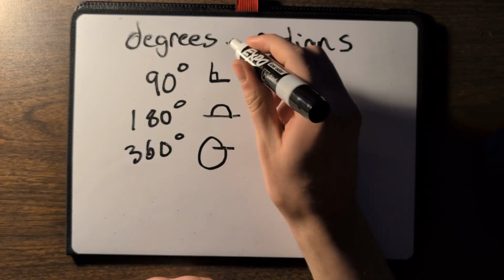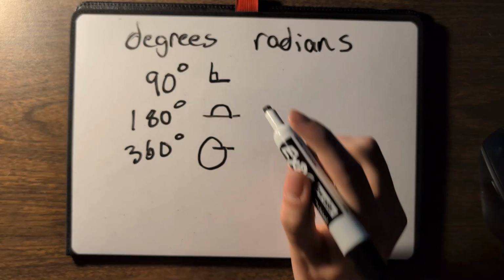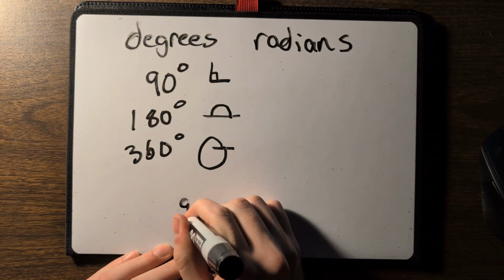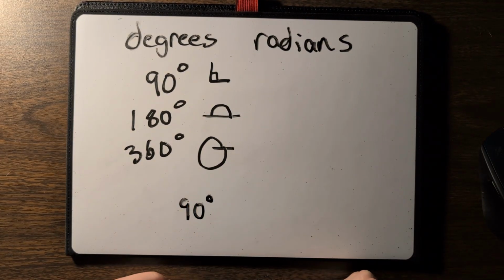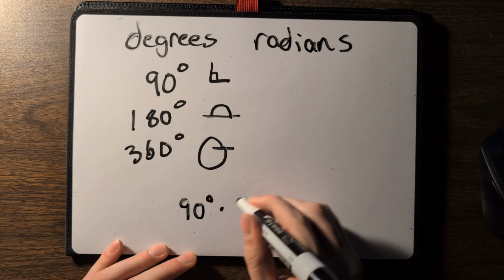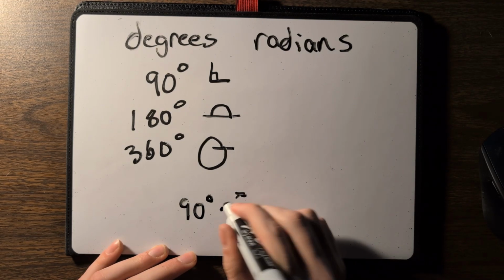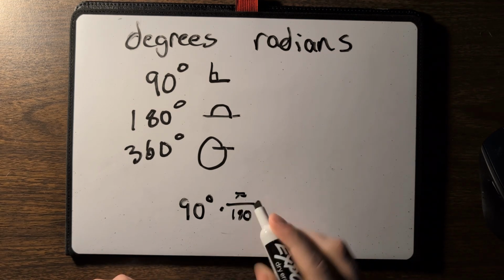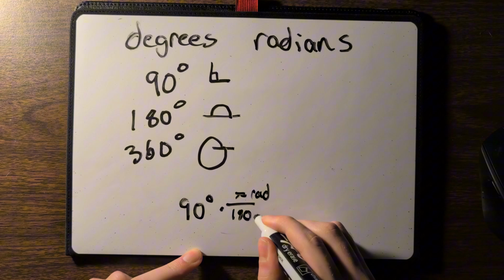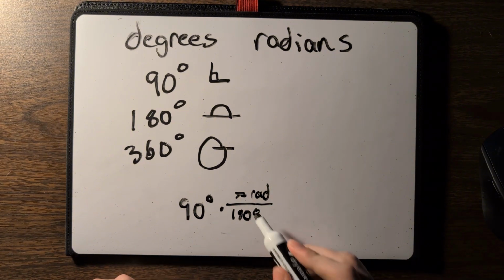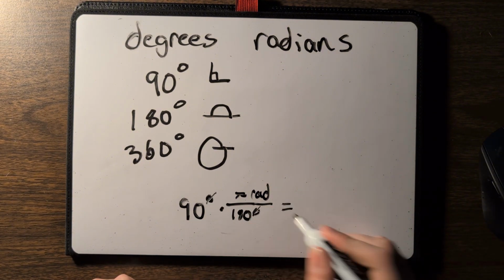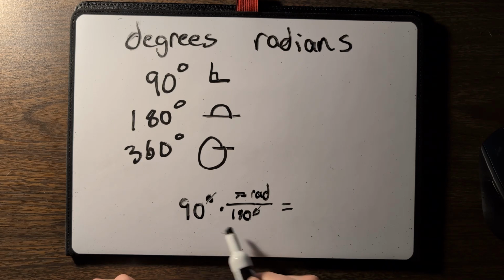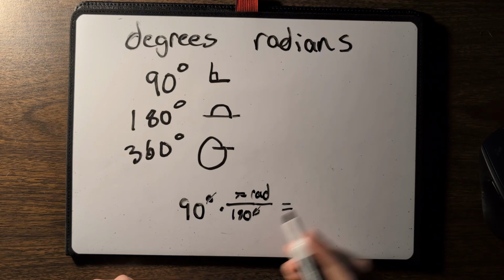Now, from degrees to radians, if we take the degrees, say 90 degrees, and we multiply by pi over 180, this is our conversion factor, so we have pi radians over 180 degrees. Our degrees are going to cancel out. What we're left with, 90 over 180, that's just going to be 1/2.